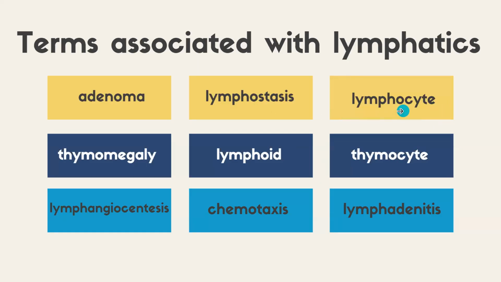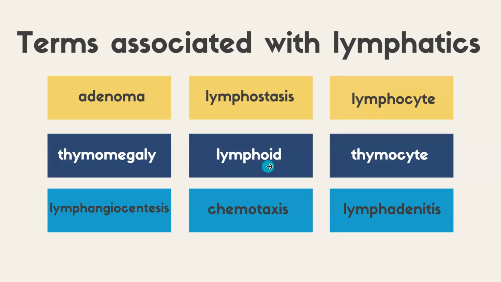Lymphocyte, this should be an easy one. Cyte, we've seen a lot of times. That's a cell. And then lymph stands for lymph tissue. So this is going to be a lymphatic cell, some type of lymphatic cell. Thymomegaly. Megaly is our suffix for enlargement. And then thym, that's our new root for the thymus gland. So thymomegaly is going to be an enlarged thymus gland.